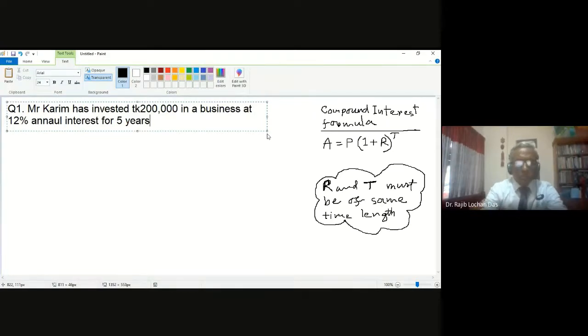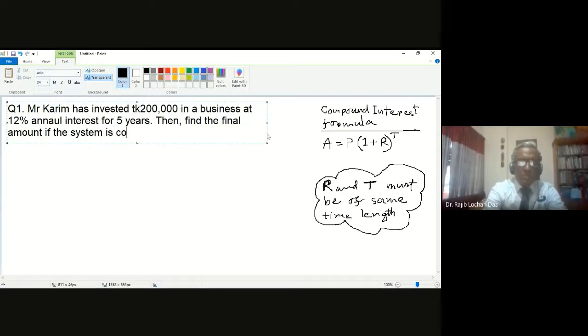Then find the final amount if the system is compounded. Let me give you 3 options.